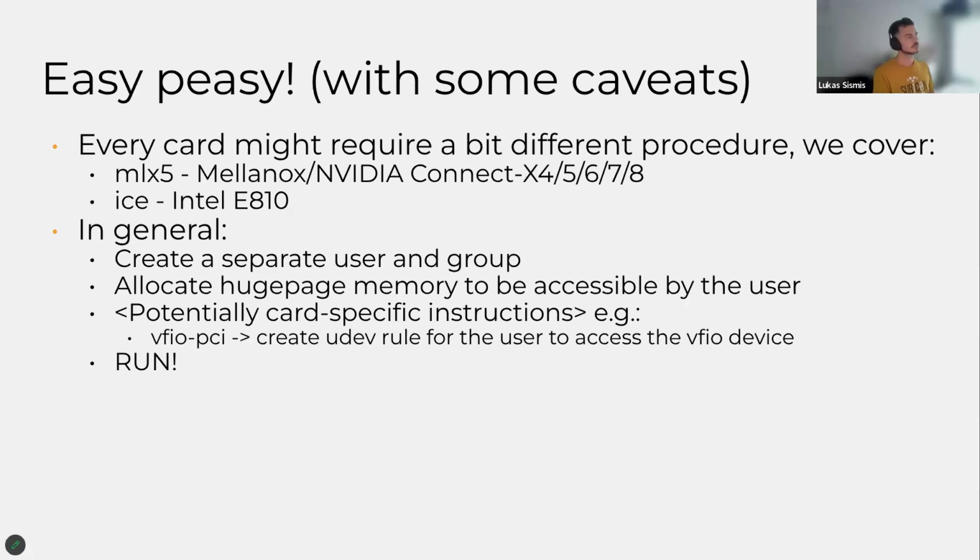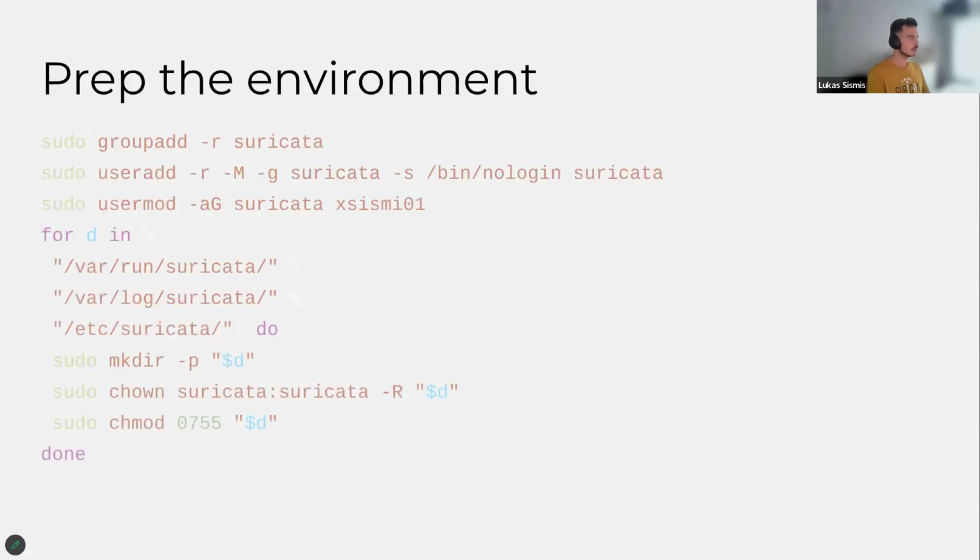For the Intel card, I had to set up some specific VFIO PCIe things, and then you can run it as a user. I brought a little cheat sheet, and I have the server pre-configured, just so we don't run into any issues.